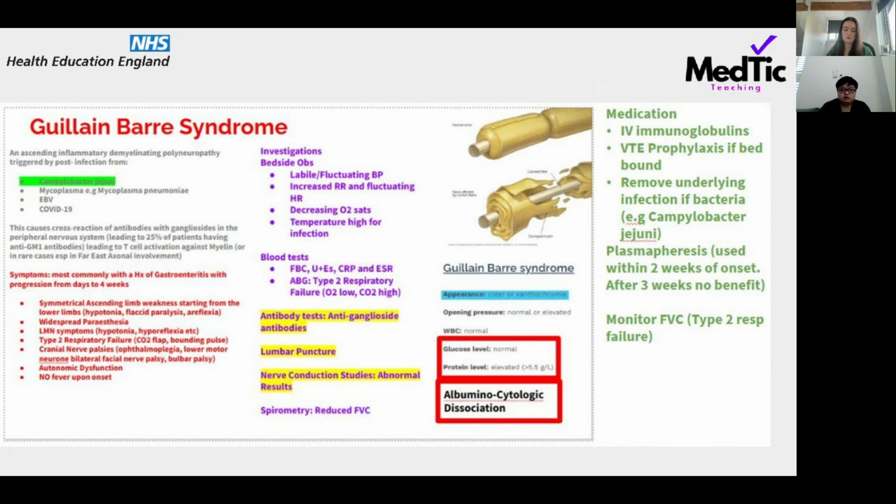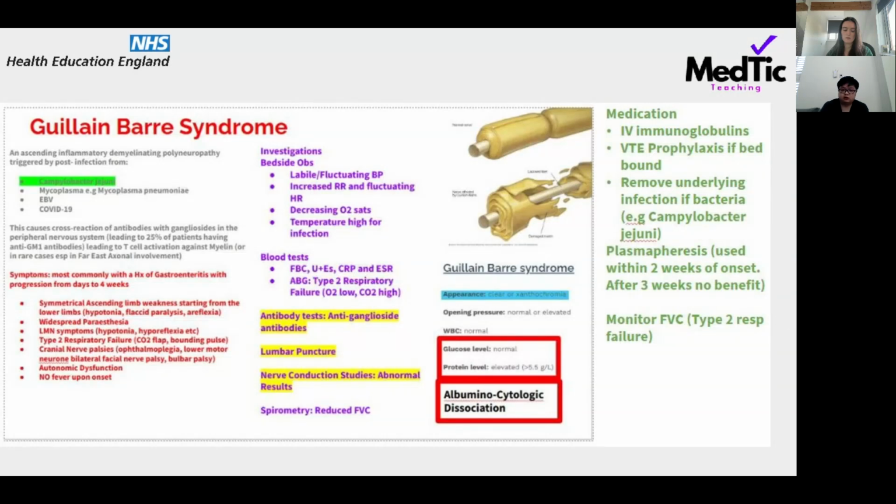You mainly want to investigate a source of infection to try to rule out and reverse. But you also want to do the antibody test to detect the antibody, as I said earlier, a lumbar puncture with a specific result, and nerve conduction studies to see if the conduction of nerve signals can be transmitted all right. Immediately, you want to give some immunoglobulins just to try to get rid of the antibodies as well.